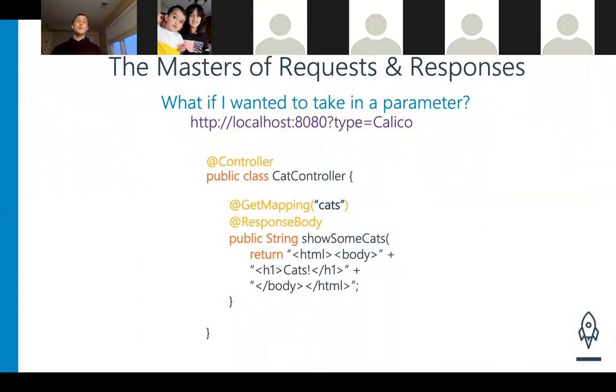We're just reviewing material from two lectures ago. This one, we're taking in a parameter, a request parameter. So what annotation? At request param. Very good. Absolutely. At request param, and then type. What this does is allows that parameter we see at the top here, type equals calico, to come into our method.